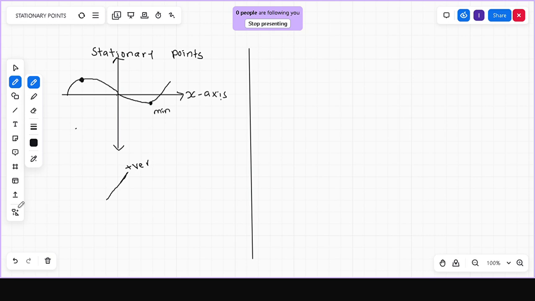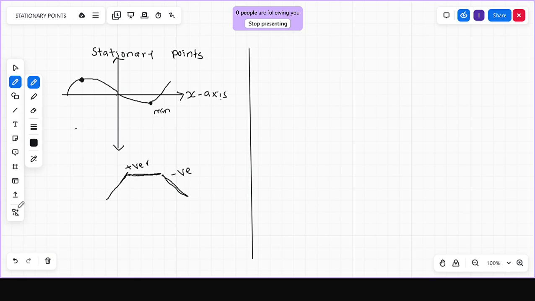The lines that run parallel to the x-axis always have zero gradient. A line that runs from the top left to the bottom right has a negative gradient.